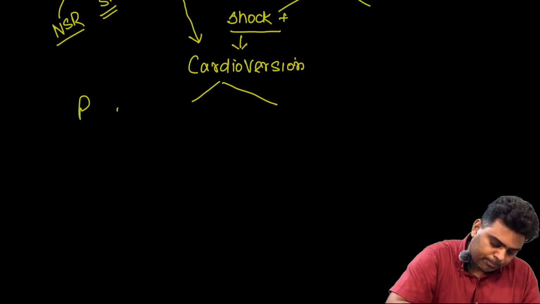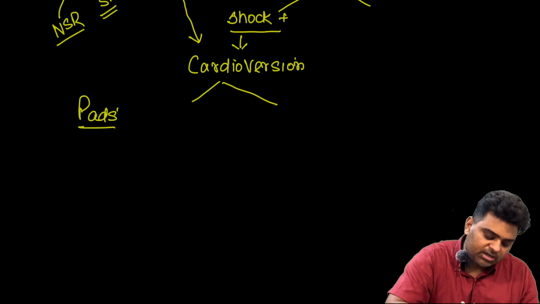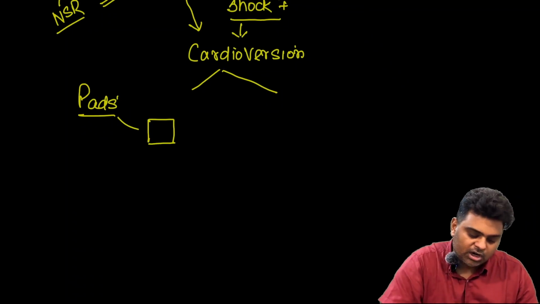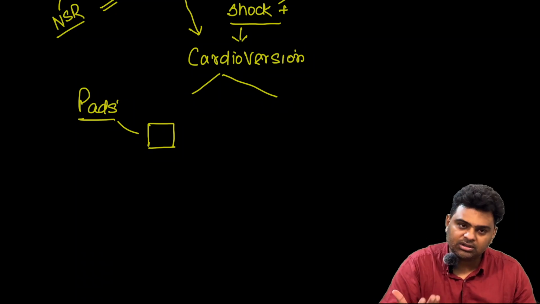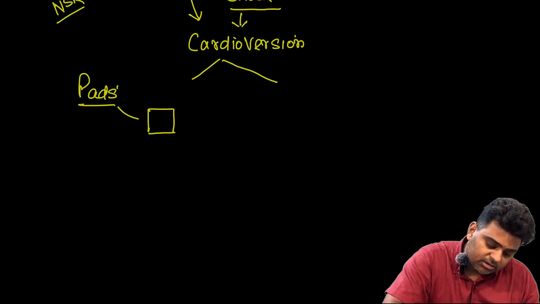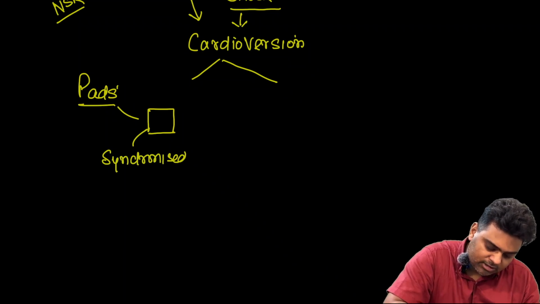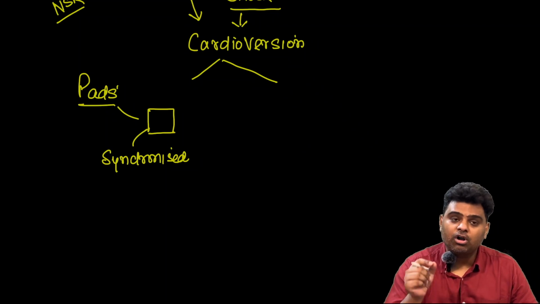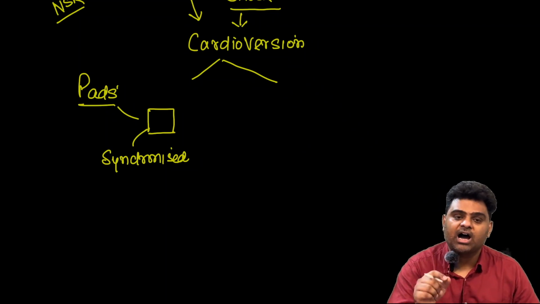You put the pads; I have told you the positions. Then the pads are connected to the cardioversion machine, that is the defibrillator, and you synchronize it. Synchronize means that the shock will be delivered only at the time of the R wave.